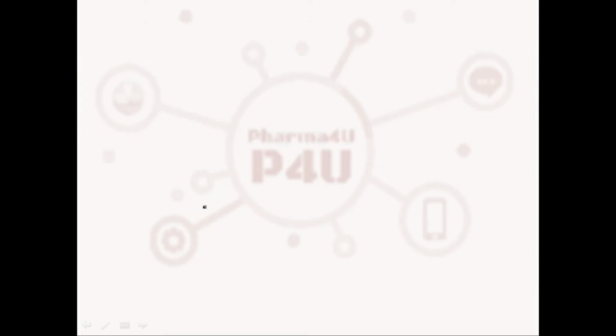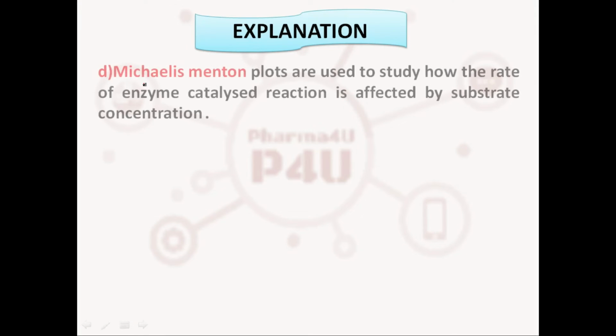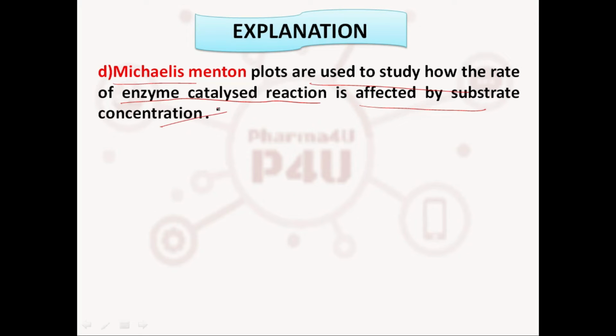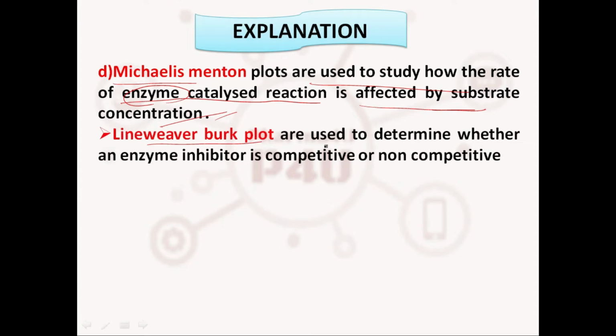So let's discuss with the help of explanation. First we have to understand what Michaelis-Menten is. Michaelis-Menten is used to study how the rate of an enzyme-catalyzed reaction is affected by substrate concentration. So it is related to enzyme and substrate concentration, whereas the Lineweaver-Burk plot is used to determine whether an enzyme inhibitor is competitive or non-competitive. Students, note down that the Lineweaver-Burk plot is used to determine whether an enzyme inhibitor is competitive or non-competitive in nature.